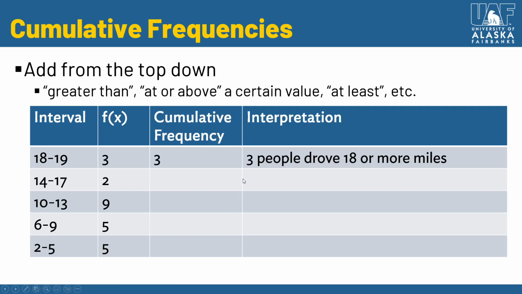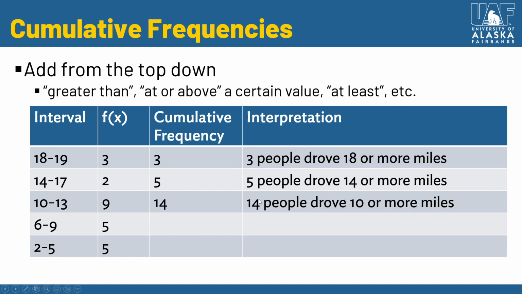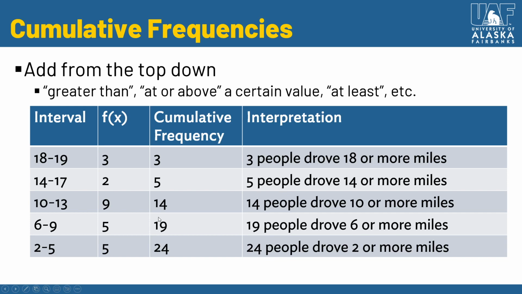Adding from the top down is essentially just the opposite. So if we're doing this, we'd say 3 people drove 18 or more miles, right? Now the lower boundary for our interpretation is the lower boundary of the interval. 5 people drove 14 or more miles, right? Because 3 were in this interval, 2 were in this interval, so it's a grand total of 5 falling within at least this interval or higher. 14 people drove 10 or more miles, so on and so forth.